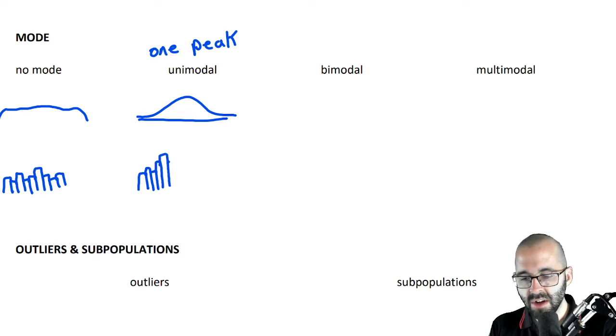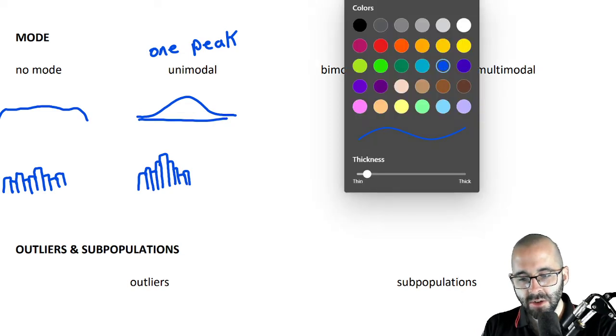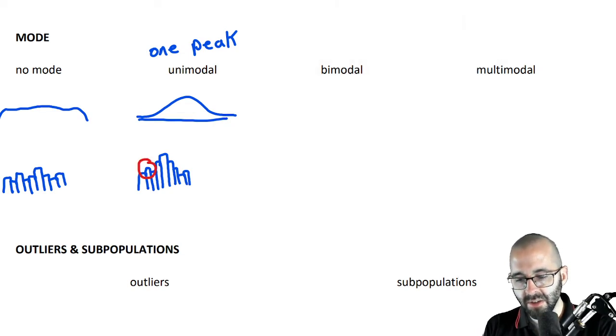So as I'm drawing this, we would say this is unimodal, even though if you really look, this one and this one are a little higher than the ones next to them. But there's still a pattern that yes, it's going up and then it's going down.